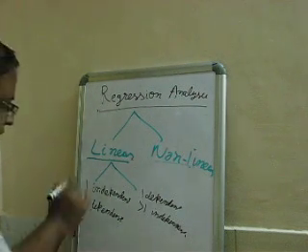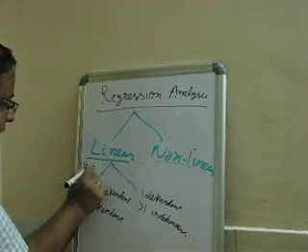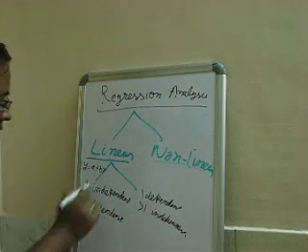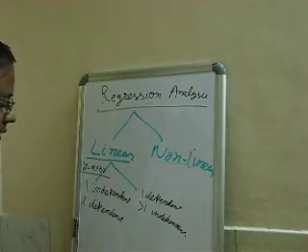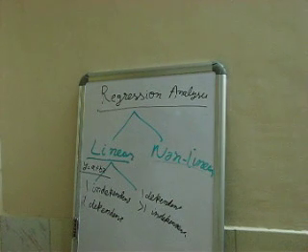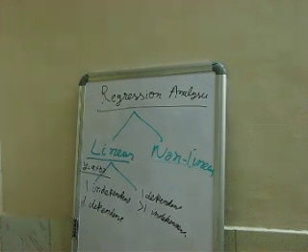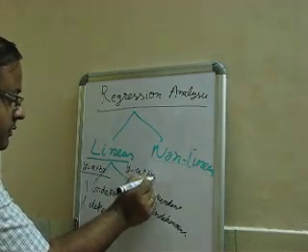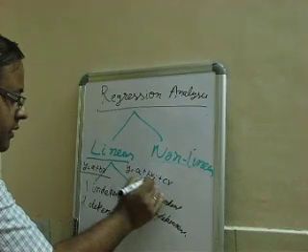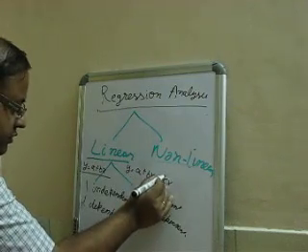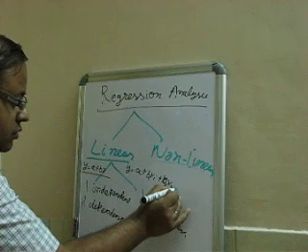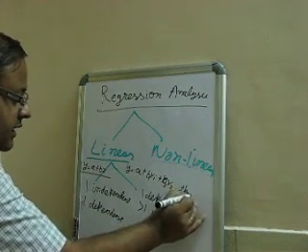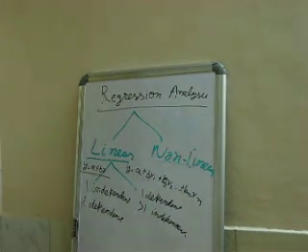In short, this can be something like y is equal to a plus bx, a straight line. In a linear regression you will always get a straight line, and with multiple independent variables and one dependent variable, your straight line will be something like y is equal to a plus b1x1 plus b2x2 and so on to plus bnxn.